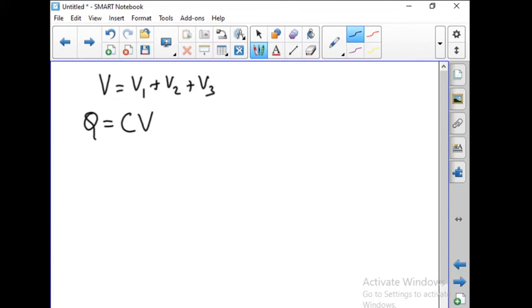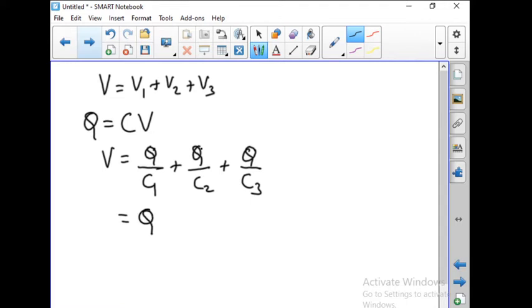Therefore, we can write V is equal to Q by C1 plus Q by C2 plus Q by C3, because the charge across the capacitors remains the same. So take Q outside, which is constant, and it can be written as Q into 1 by C1 plus 1 by C2 plus 1 by C3.